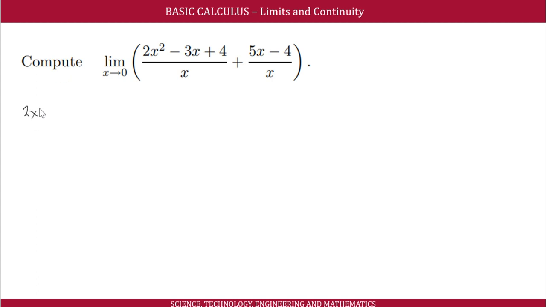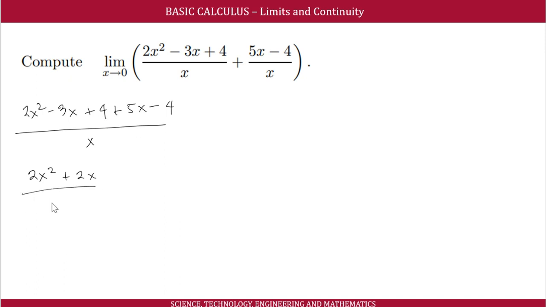So we have 2x squared minus 3x plus 4 plus 5x minus 4, common denominator of x. We have 2x squared, negative 3x plus 5x, that is 2x, 4 minus 4 is 0, all over x. Then that will be the limit of 2x squared plus 2x all over x as x approaches 0.